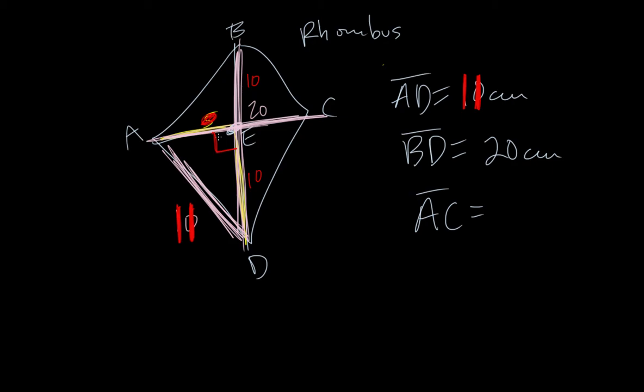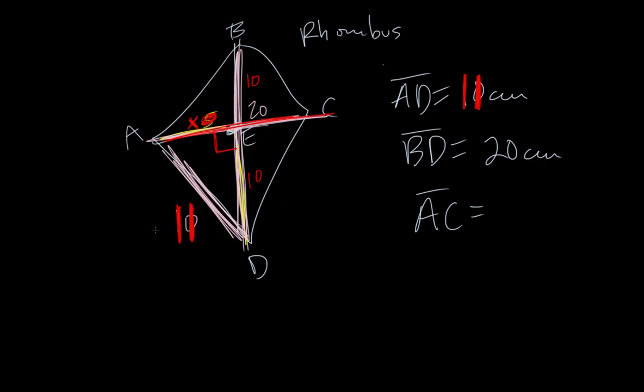And then this would be 10 and 10 because diagonals bisect each other. So we know the 20 splits evenly as 10 and 10, and we're trying to find AC. But first we're just going to find x on this triangle. We can use the Pythagorean Theorem again.